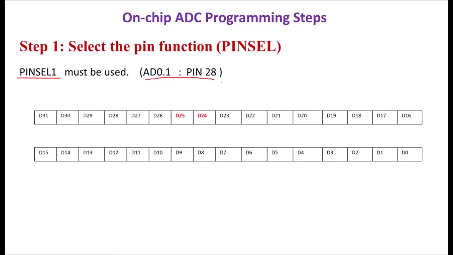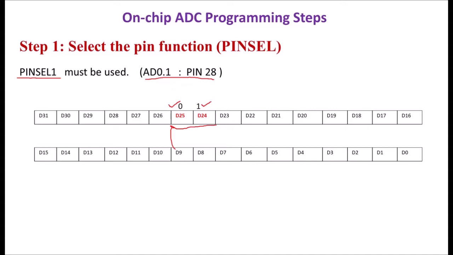For pin 28, these 2 bits are used, D25 and D24. To select the function of this pin as analog input, we have to store logic 0 for the D25 bit and logic 1 for the D24 bit.